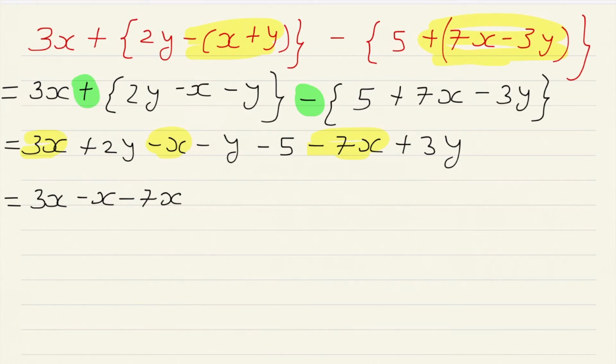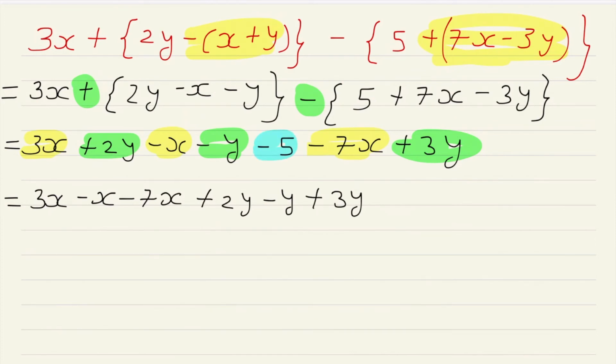Next one we have y, so that's plus 2y, negative y, and plus 3y. And then we have just negative 5.